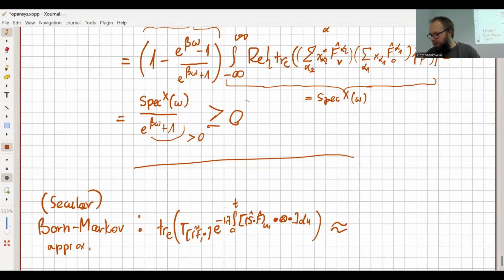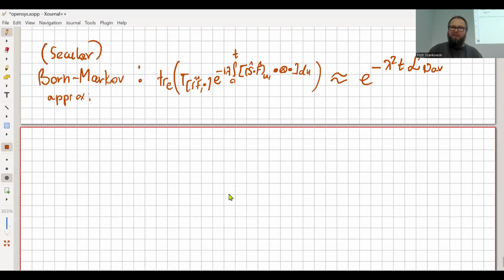So we have our approximation, where this is approximated by minus lambda squared t L DAV, a generator L DAV for Davis. And this generator L DAV is defined as minus i, 1/2 sum over omega, sum over alphas.